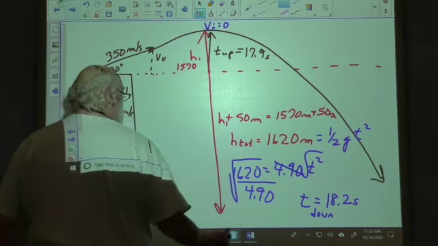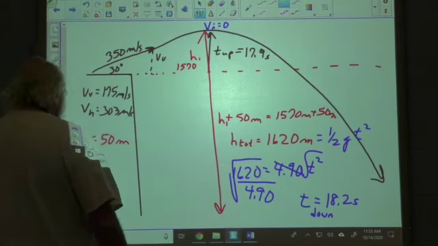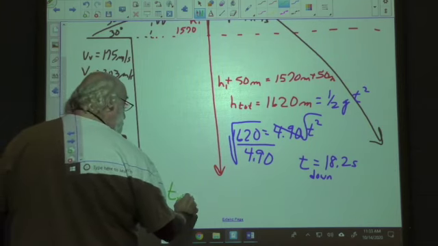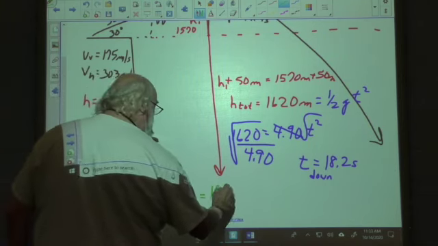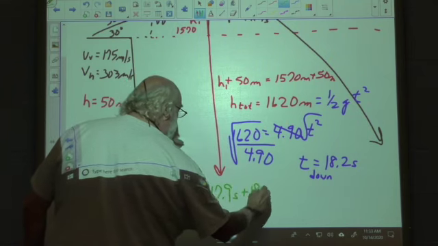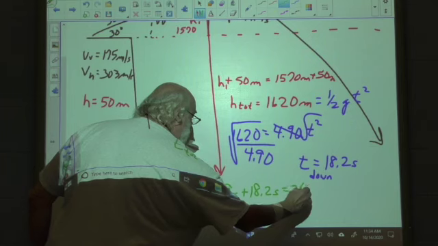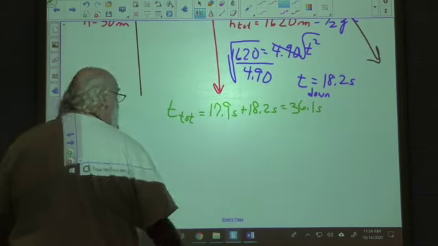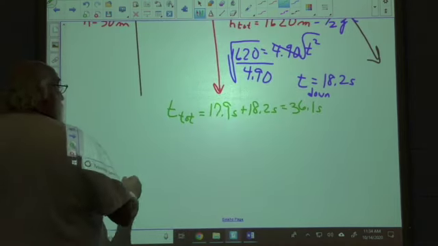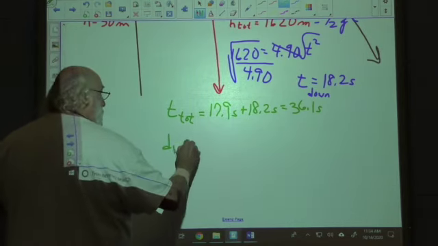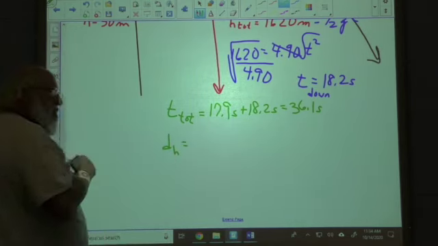That means the total time is the sum of 17.9 and 18.2. T total equals 17.9 seconds plus 18.2 seconds, which is 36.1 seconds.